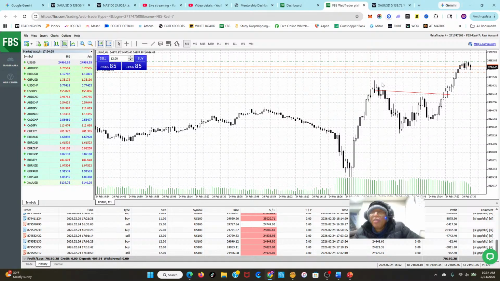I think we are in for a reverse trade. As I said, it will go up, clean up all that liquidity, and then it's going to print downwards.